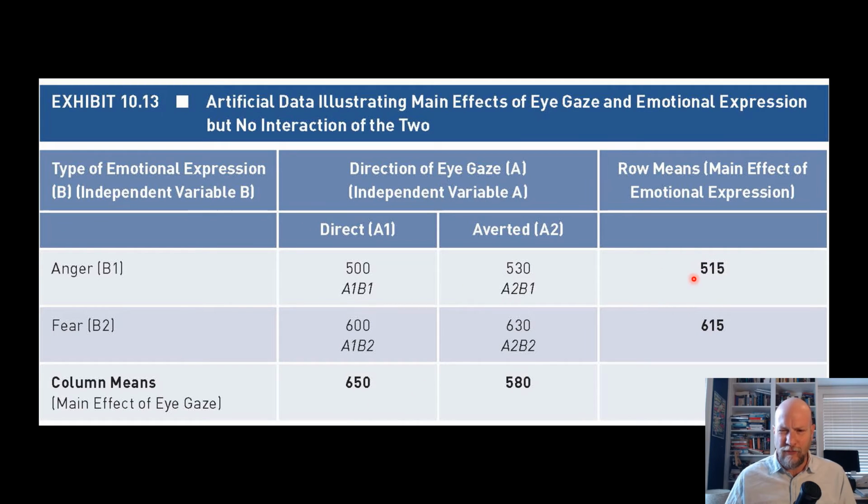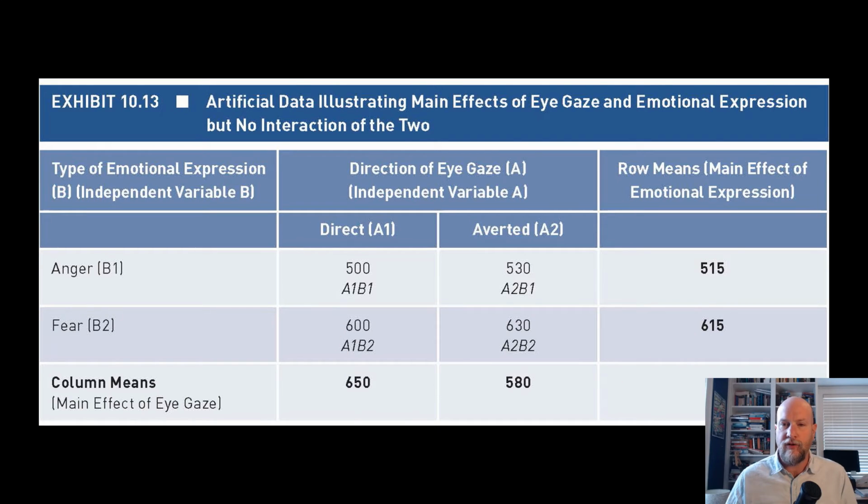I'm using that term loosely. I don't know the actual p-value for this, but visually, it appears to be different. We'd have to run a statistical test to say for sure if it's statistically significant. And then as we look across the columns for the main effect for direction, it seems that averted is faster to be interpreted compared to direct.